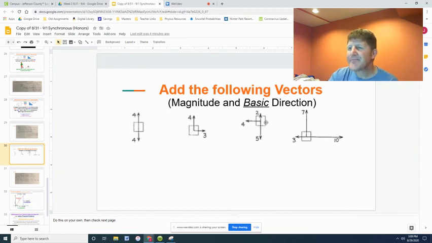Here you can see that this 2 and this 5 should cancel each other out, so that you're going to end up with a 3 Newton force downward, a 4 Newton force to the left. And so once again, you're going to have a 3, 4, 5 triangle here. And then over here, we have a 7 Newton force up, 3 to the left and 10 to the right. This 3 will cancel out with this, so you're going to have 7 and 7.